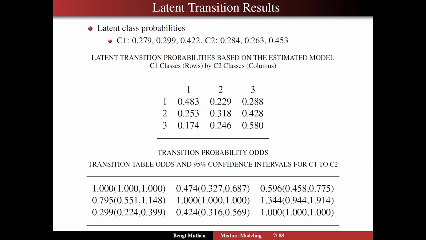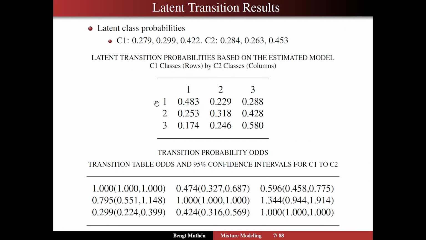So slide 7 then gives the latent transition results. We have first of all the latent class probabilities for the starting point at time 1 and for time 2. The latent transition probabilities based on the estimated model is what we're primarily focused on here. So the rows are the 3 classes of C1 and the columns the 3 classes of C2.